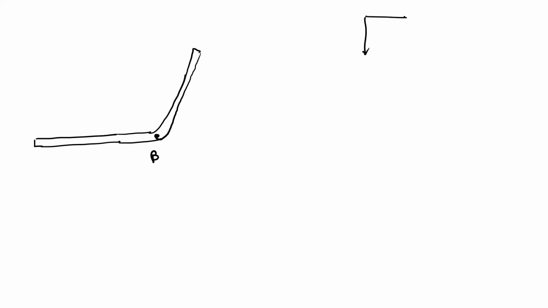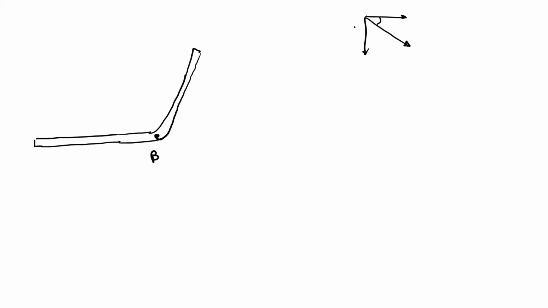So I will draw the beam. So this is the point B. Now we know the resultant. It is in the fourth quadrant like this.